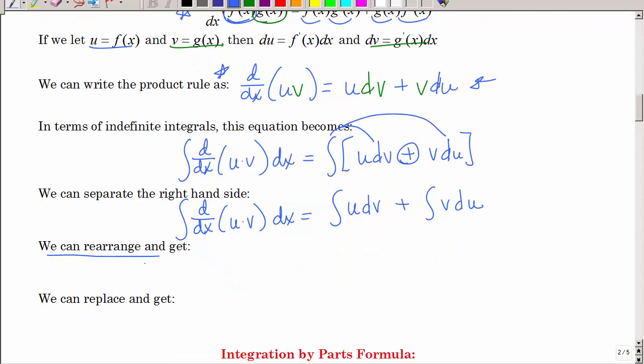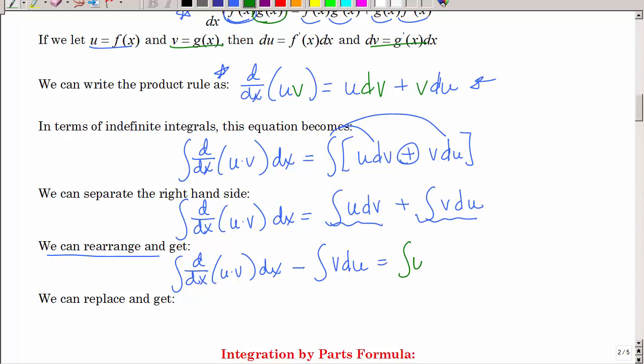Let's rearrange, meaning I'm going to subtract this from both sides of the equation. So I'd have the integral minus this integral equal to that. And you're going, that just does not look helpful. Well, it will. Okay, let's go back and see what that is.